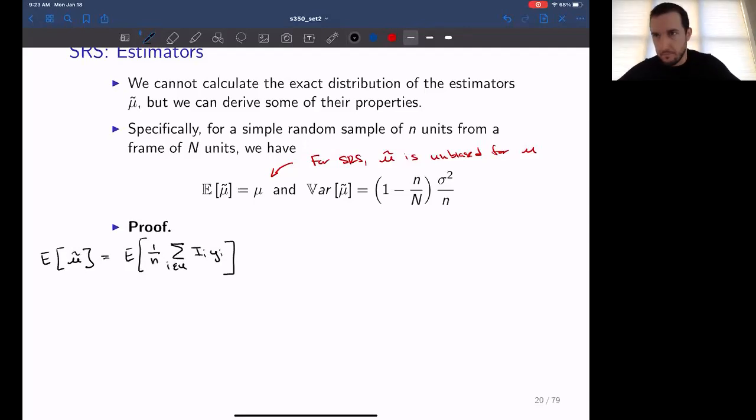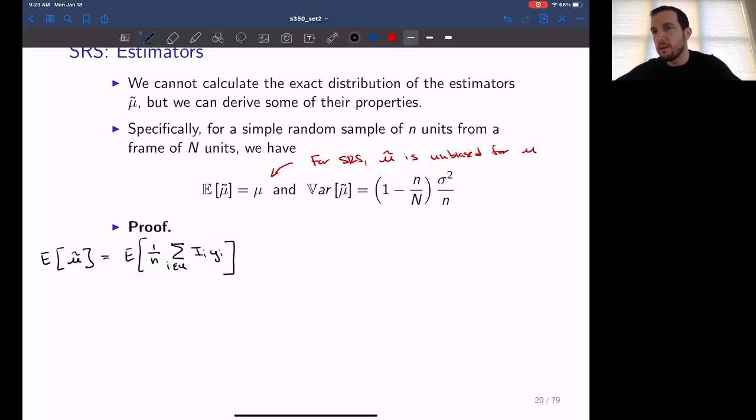The expected value operator is a linear operator. It multiplies the random variable in each expression by the constants associated with the expression. In this situation, we have two constants. We have little n, which is the sample size, and we also consider y sub i to be a constant, as it's an observed value from the sample.